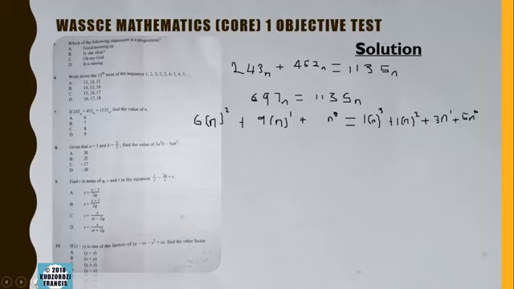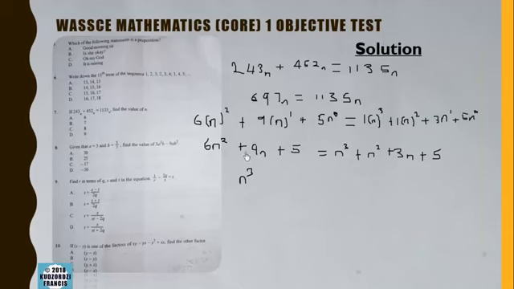This is supposed to be 5. So we simplify further to obtain 6n squared plus 9n plus 5 is equal to n cubed plus n squared plus 3n plus 5. So this will take off this.